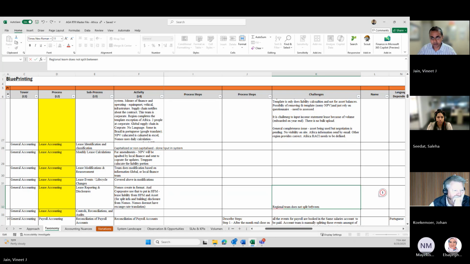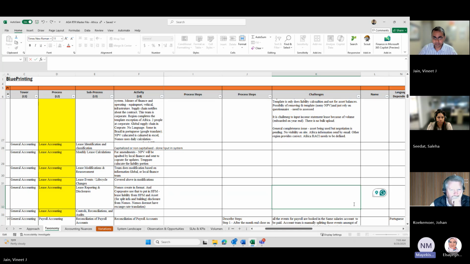Okay. So help me with this. The regional team doesn't split between mining? I don't want to say that it's the team that doesn't do it. I want to say that in the process, it doesn't seem that it's possible at this stage.